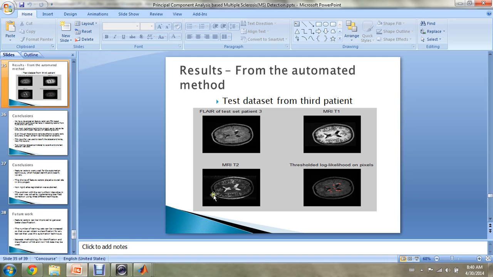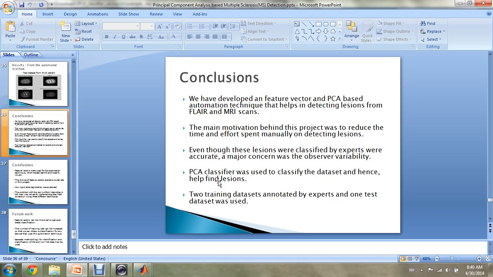Going back to the presentation, clearly the automation technique takes care of what it is supposed to do. We have developed a feature vector and PCA based automation technique that helps in detecting lesions from FLAIR and MRI scans.